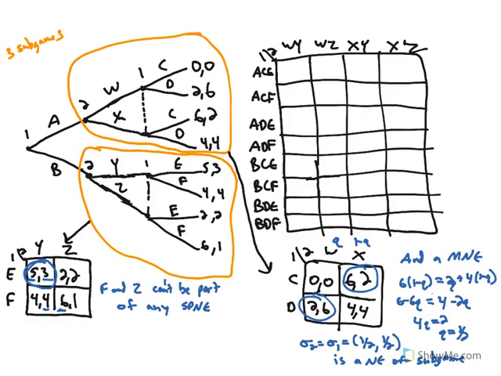So there's a lot to fill in here. Let's see. If we play A and end up in WC, we get 0, 0. So these are all 0. If we play A and end up at WD, we end up at 2, 6.